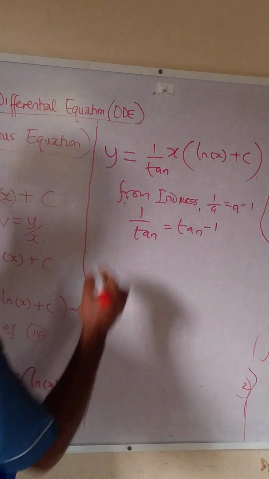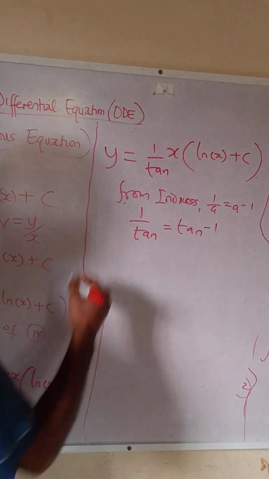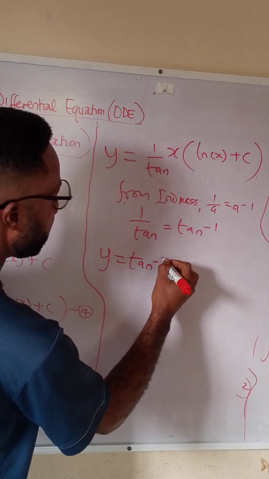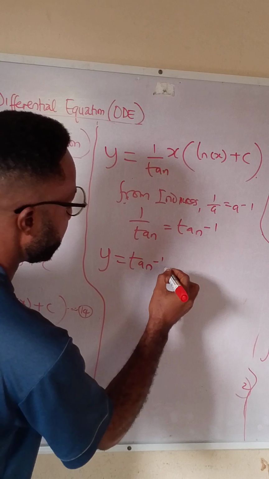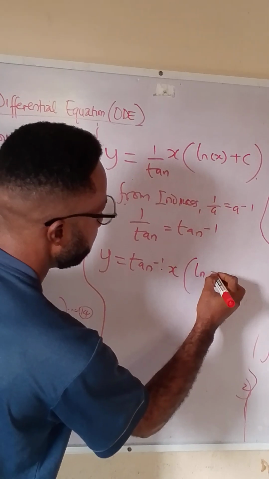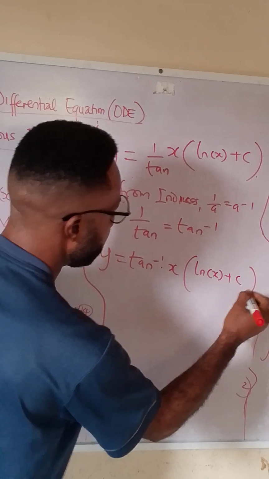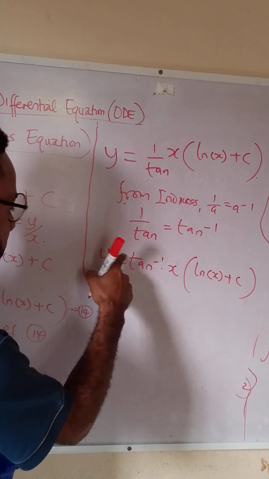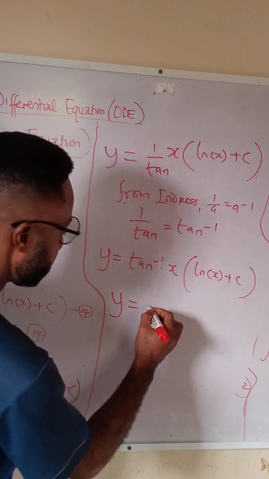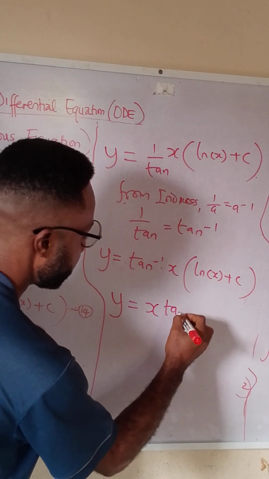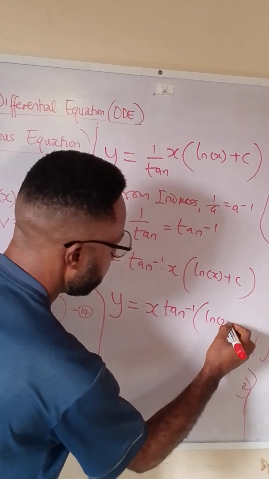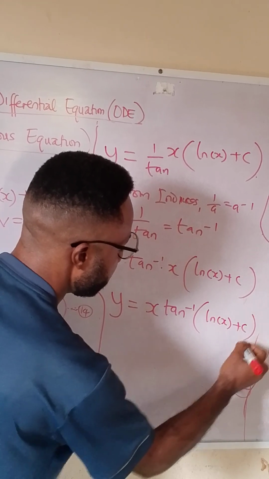So here becomes tan inverse, and we are going to have y equal to tan inverse of x into ln x plus c. We can decide to take our x down here, so that our final solution is y equal to x tan inverse of ln x plus c.